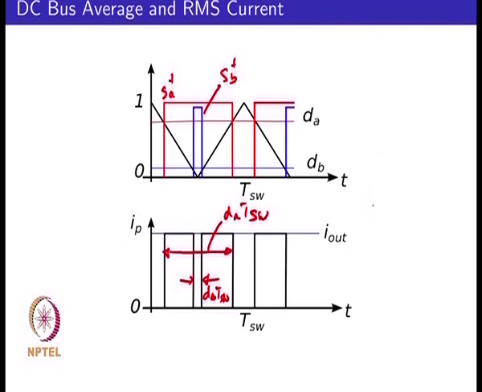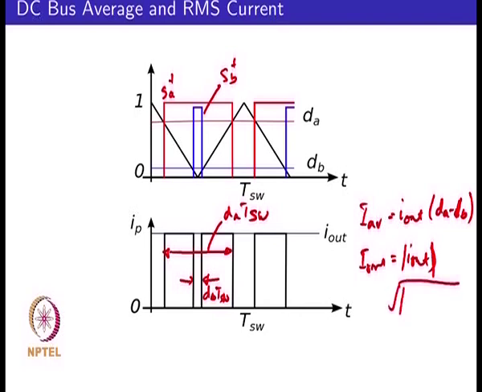Your average current would then be equal to I out times dA minus dB. Again, depending on the polarity of I out, it could be positive or negative. Your RMS quantity on a per switching cycle basis would be magnitude of I out into square root of the magnitude of dA minus dB.